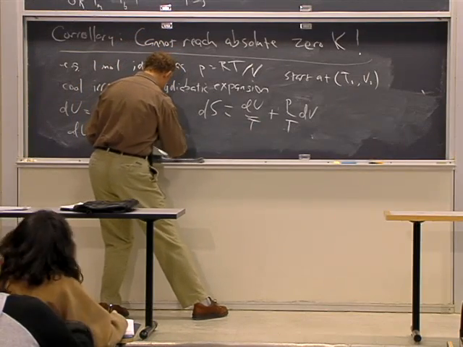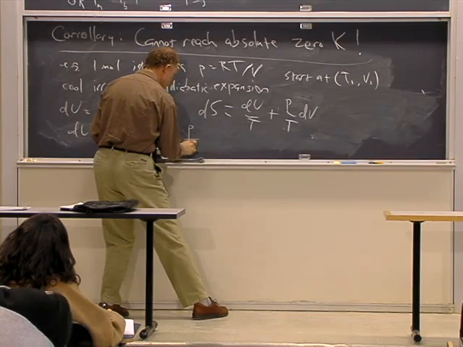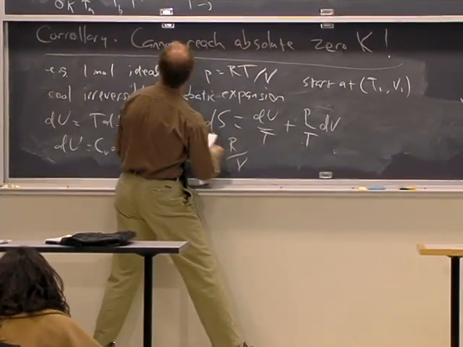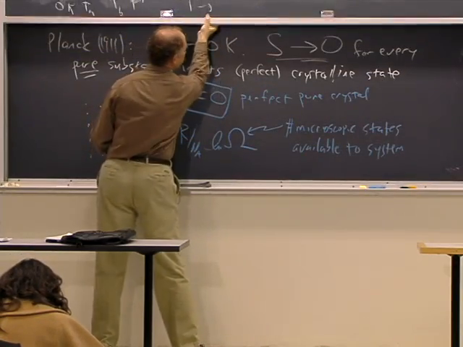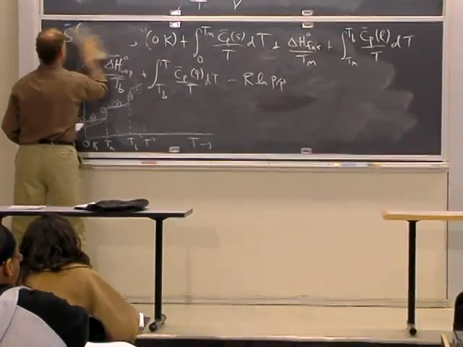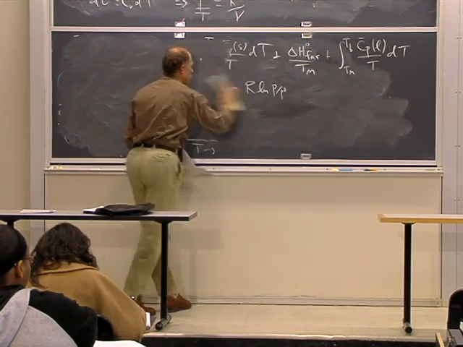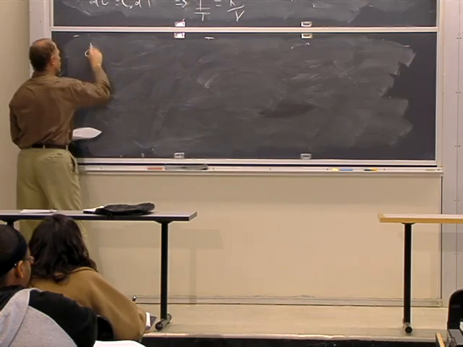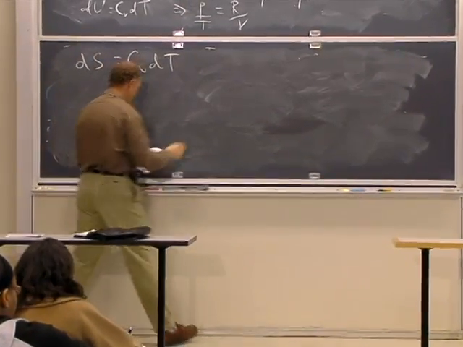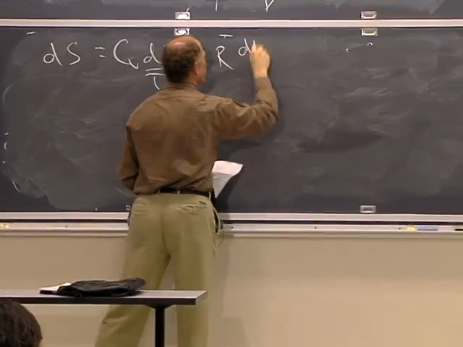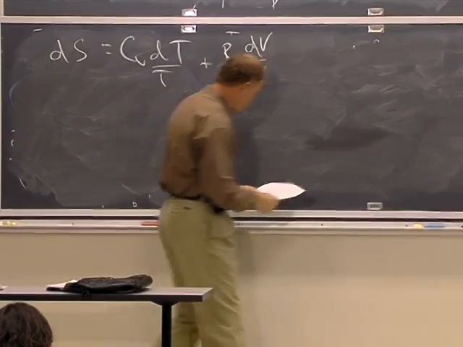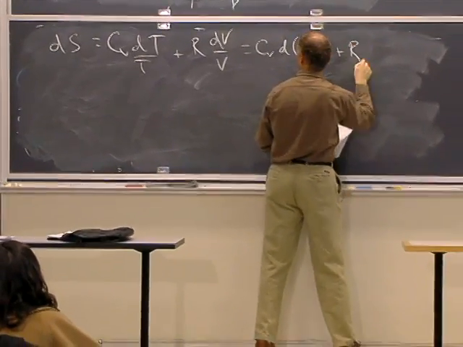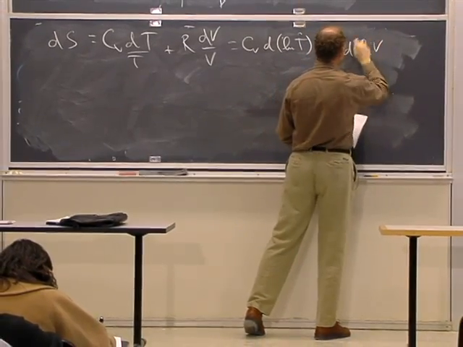So that says that P over T is R over V, and we can write ds is CV dt over T, plus R dV over V. It's CV, I'll write it as d log T, plus R d log V.